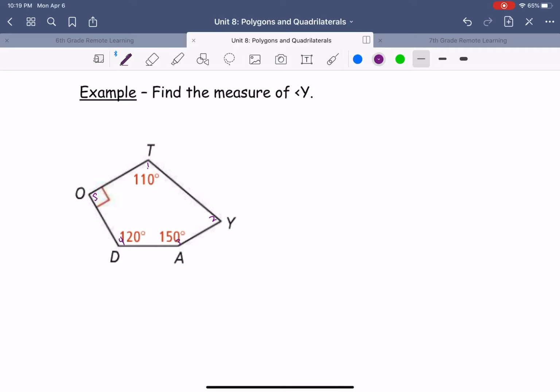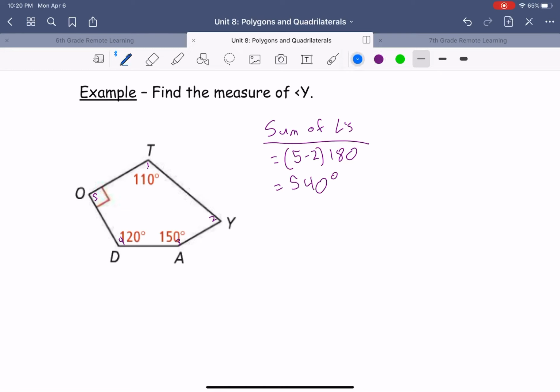Okay, so this is a pentagon. Okay, so the sum of all of the angles is going to be, we just did this, but we'll do it again. 5, that's the number of sides or the number of the angles, it'll be the same, minus 2 times 180. And as we figured out previously, that's 540.